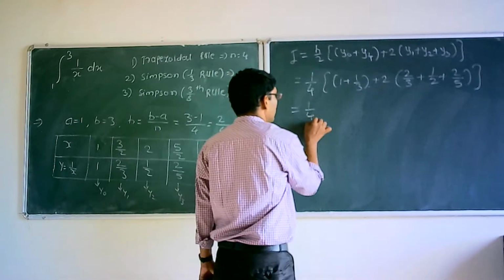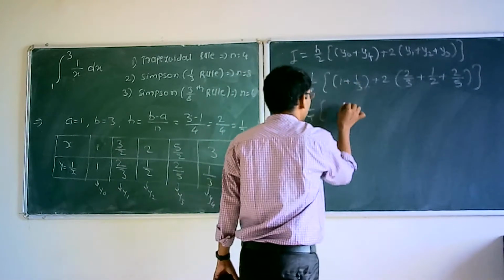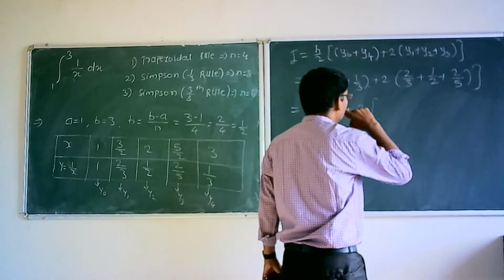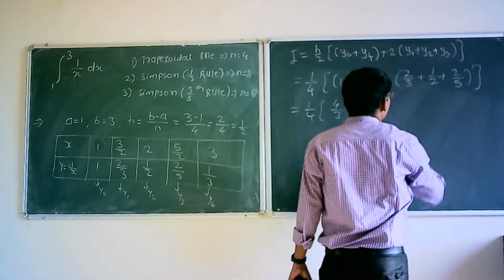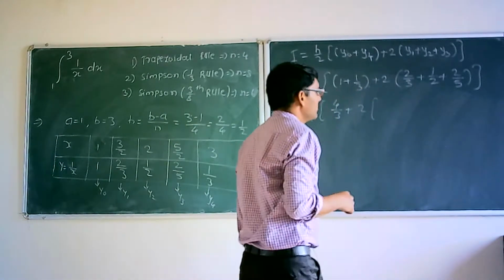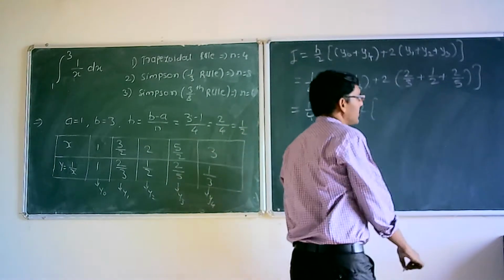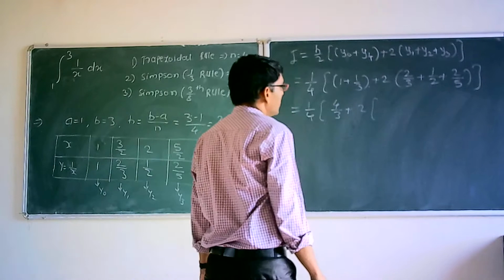So it is 1 by 4, 1 plus 1 by 3, it is 4 by 3, plus 2 times. Okay. So here, if you take the LCM here, 3 times 2 is 6, 6 times 5 is what? 30. Okay, so 30.